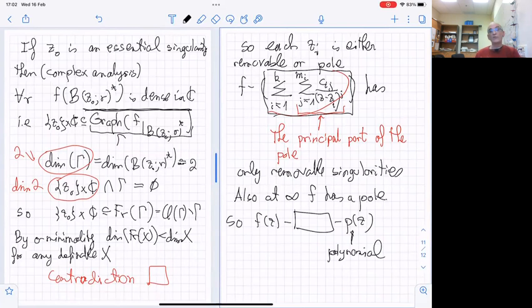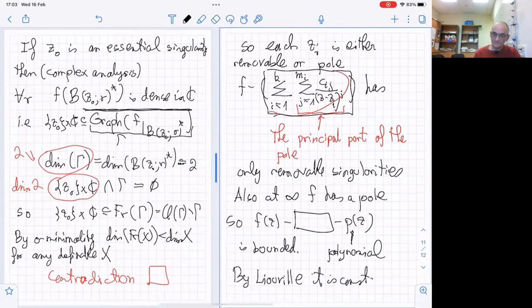Once you took care of what happens at infinity, you are left with a bounded function. By Liouville's theorem, it is constant. So we remove the rational function and the polynomial, we get a constant, so f is rational.